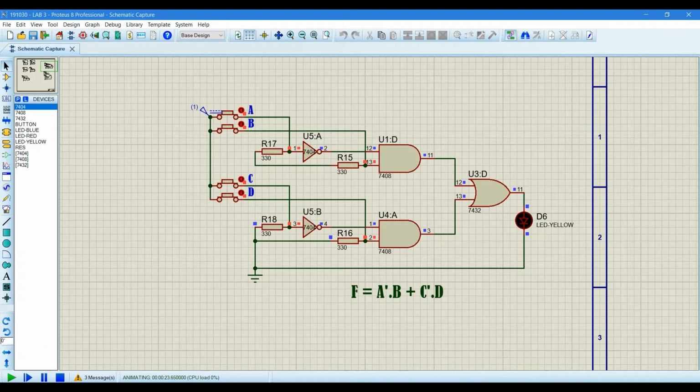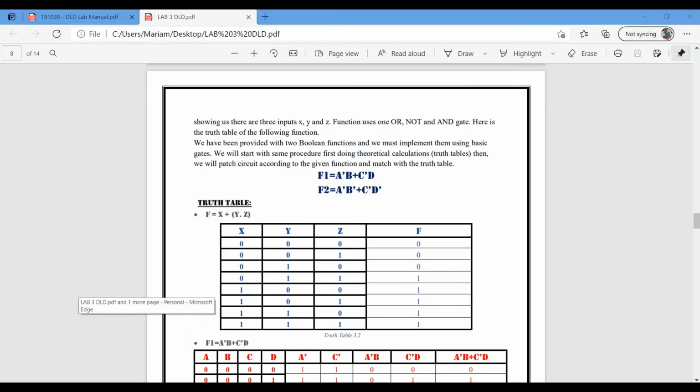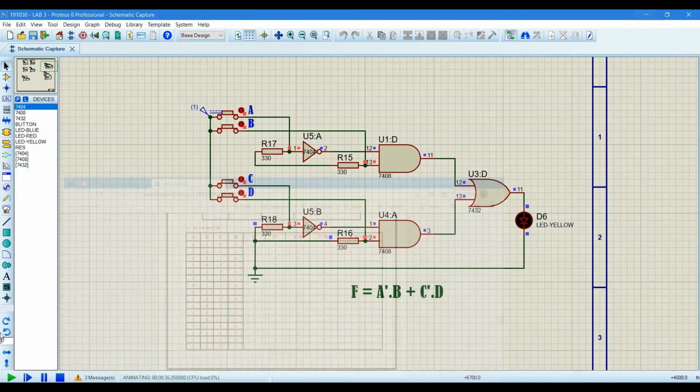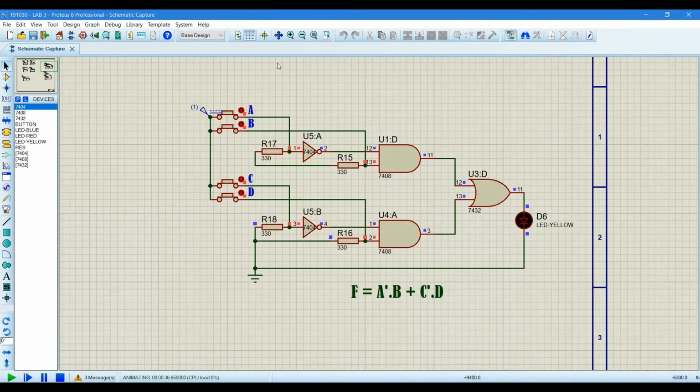So let's check it by its truth table. For 0101, the LED must be on. So let's check 0101. The LED is on.